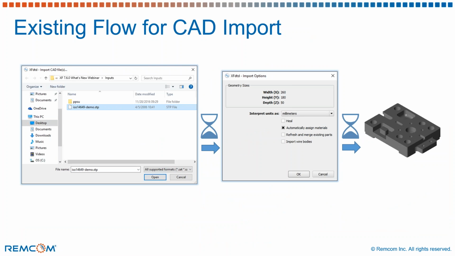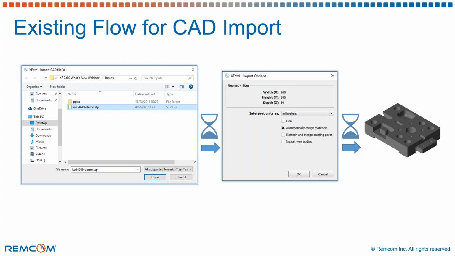We've made a slight change to the CAD import workflow as well. In the current workflow, you say that you want to import a CAD file. Then there's a delay while we read information about that CAD file to present in the import options dialog, specifically the ability to show what the width, height, and depth of the model are so that you can choose the appropriate modeling units for that.